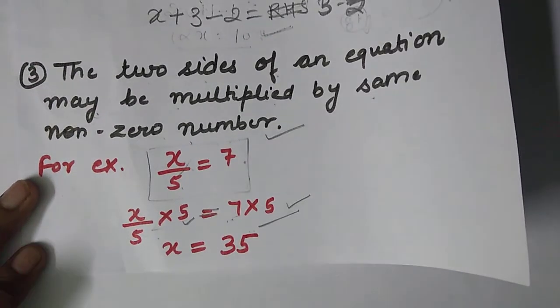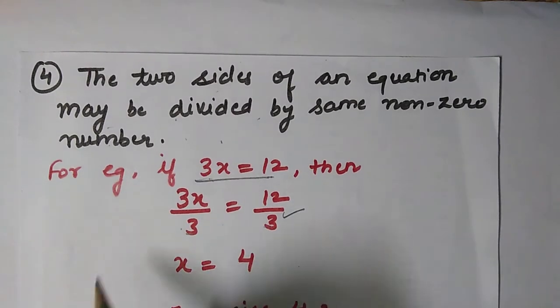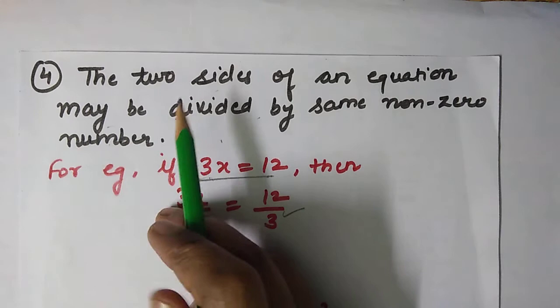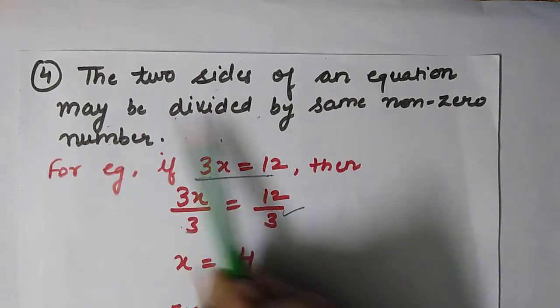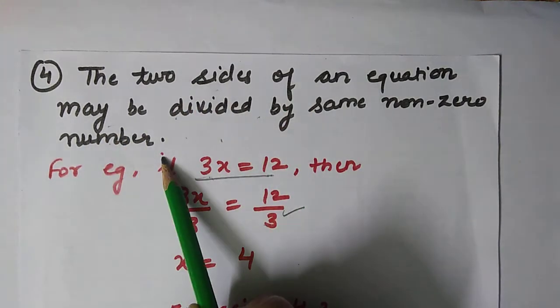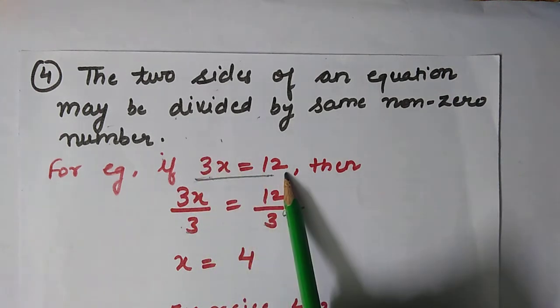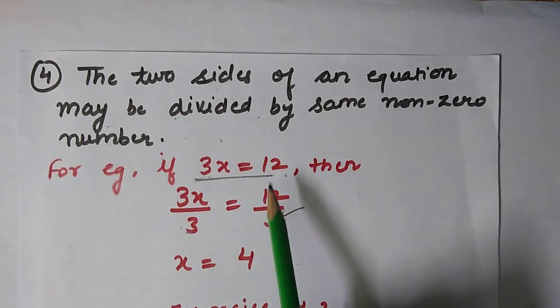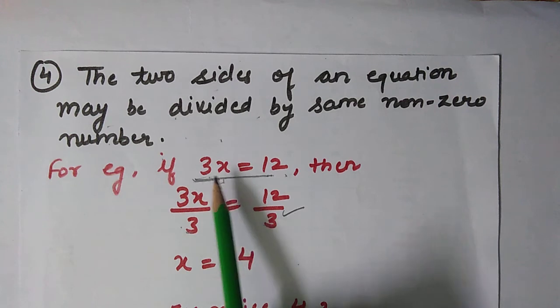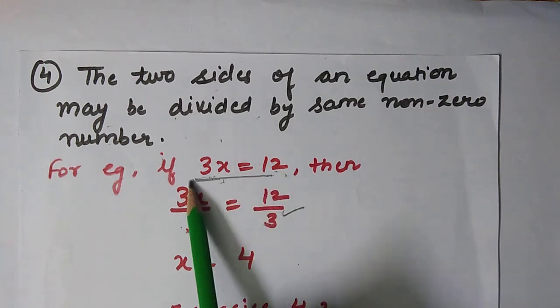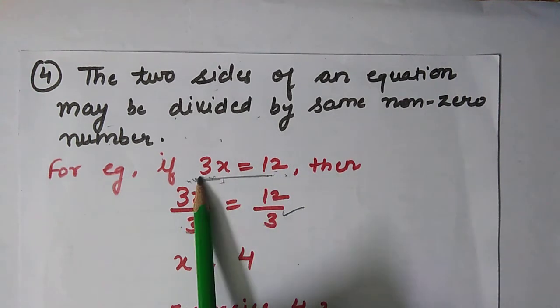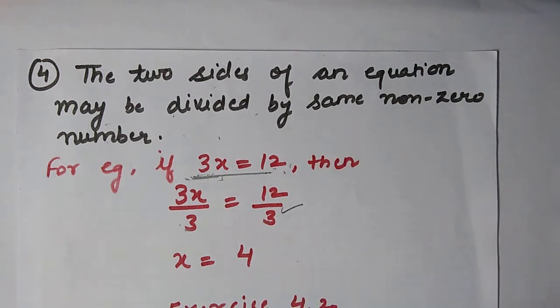Okay, one more rule, let us discuss that. Rule number 4 is: the two sides of an equation may be divided by the same non-zero number. This rule states that we can divide both sides, that is LHS and RHS, by the same non-zero number.